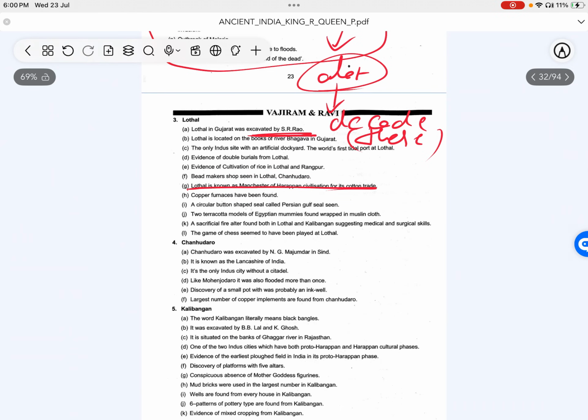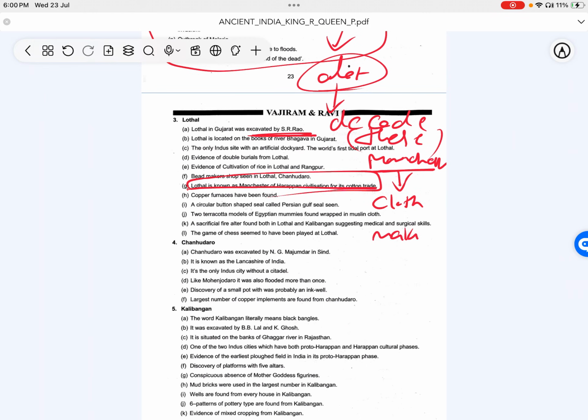Lothal is the Manchester of Harappa. What is Manchester? A cloth-making place for the British, I think. It is the place where cotton goods are manufactured at very low cost. The other excavator is from Lancashire.